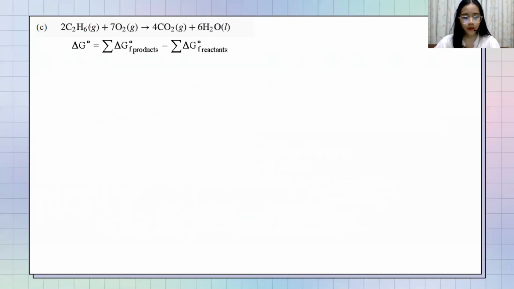Lastly, we have this equation and we will repeat the process again. So in the product side, we have 4 moles of carbon dioxide and 6 moles of water.